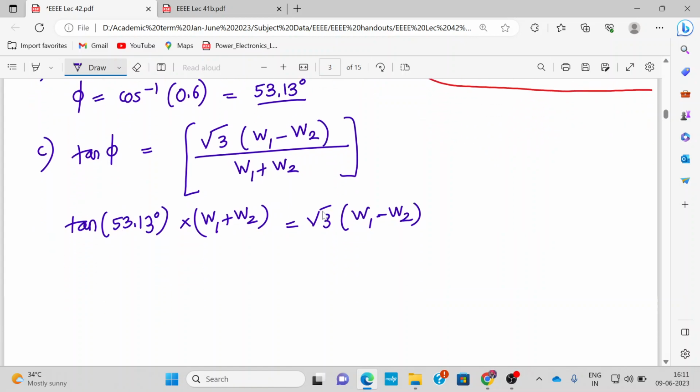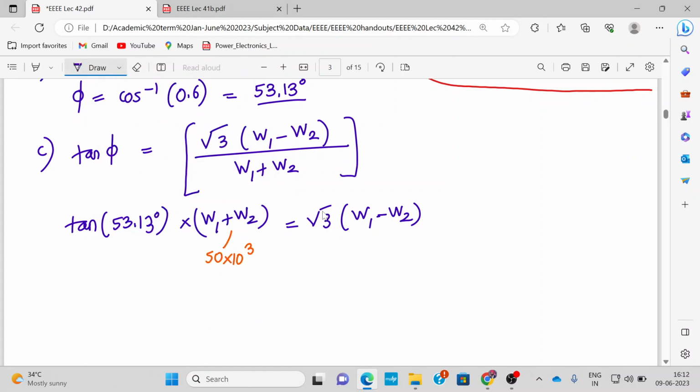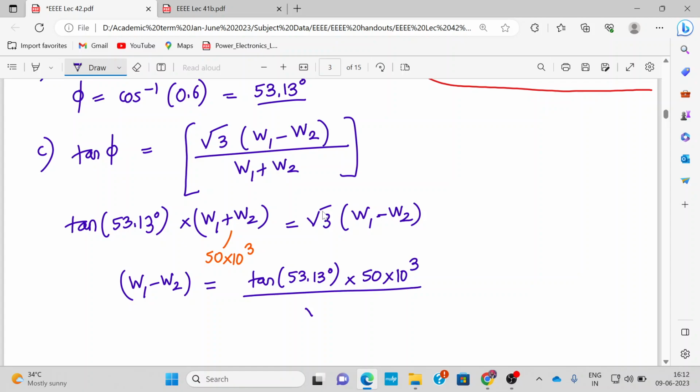And W1 plus W2 we have already got as 50 kilowatts. So from here, W1 minus W2 will come out to be tan of 53.13 degrees into 50 kilowatt divided by root 3.